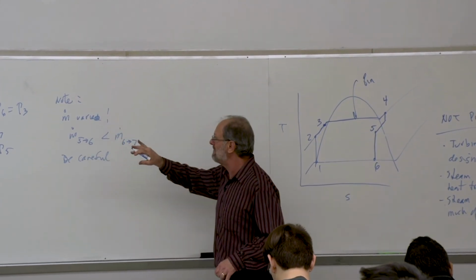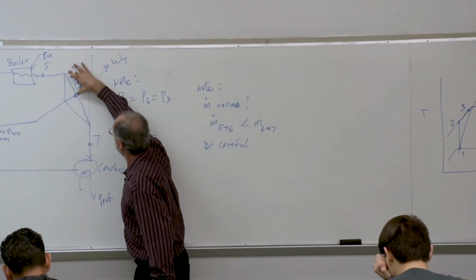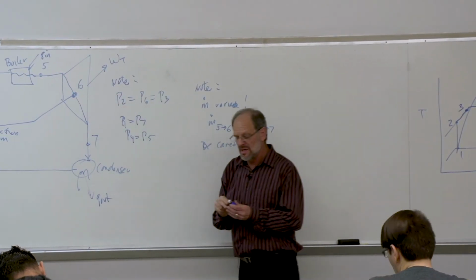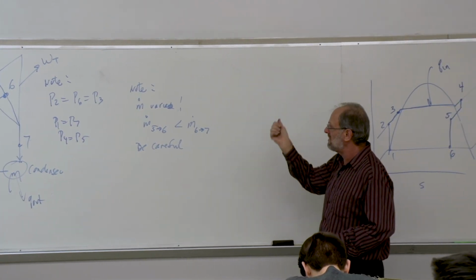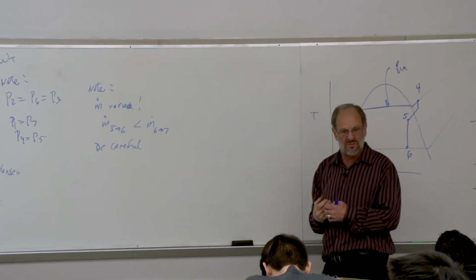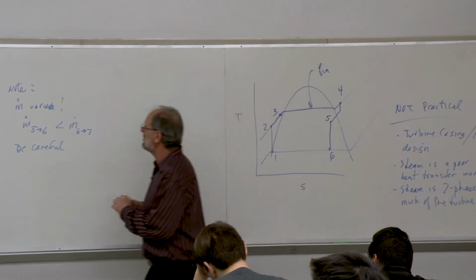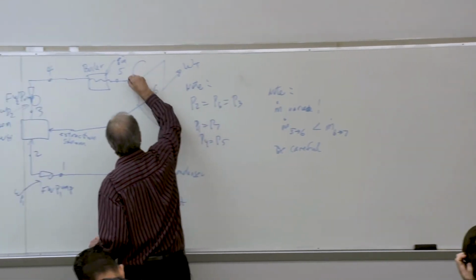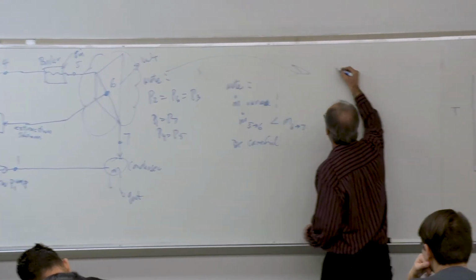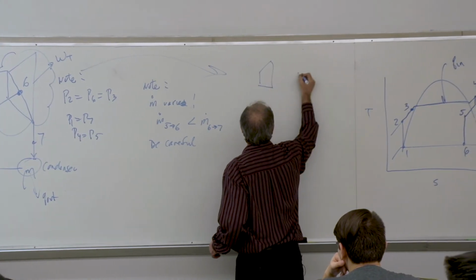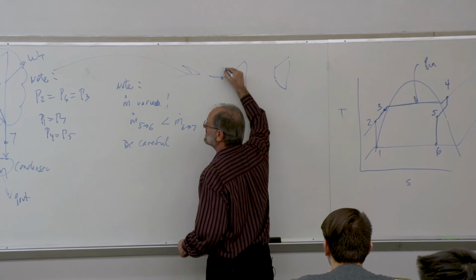Now, what does this look like on the TS diagram? Oh, I'm sorry, one more thing before I move on. Sometimes when you see this part of the cycle, instead of a single turbine where we have a single flow path and then we draw off extraction steam in the middle, very often we see this written as if there were two separate turbines. So, it's really up to you, but we could show this as if it were two turbines where we're going to come into one of the turbines at point 5.